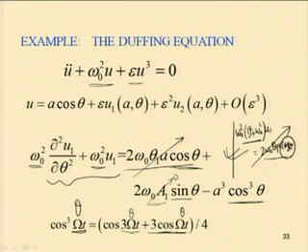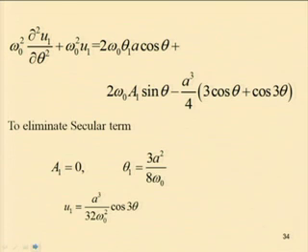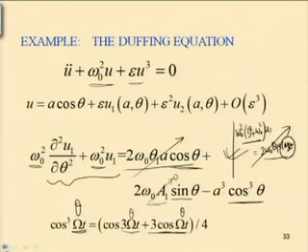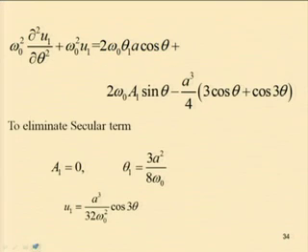Similarly, taking this term and the part of a cube 3 by 4 cos theta, one can write the second equation. After substituting this cos cube theta, one can retain this equation in this form. Now equating the coefficient of cos theta, this is cos theta and this term is also cos theta.